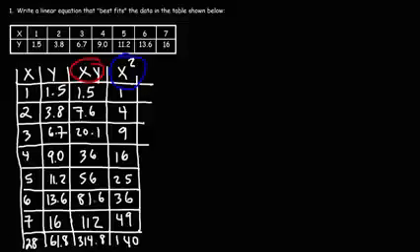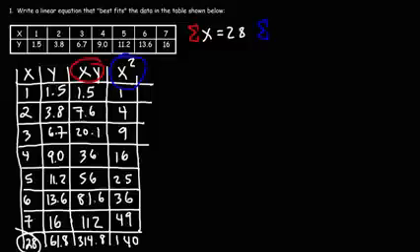Now let's write down the important information that we've gleaned from this table. The sum of the x values is 28. Now the sum of the y values is 61.8.